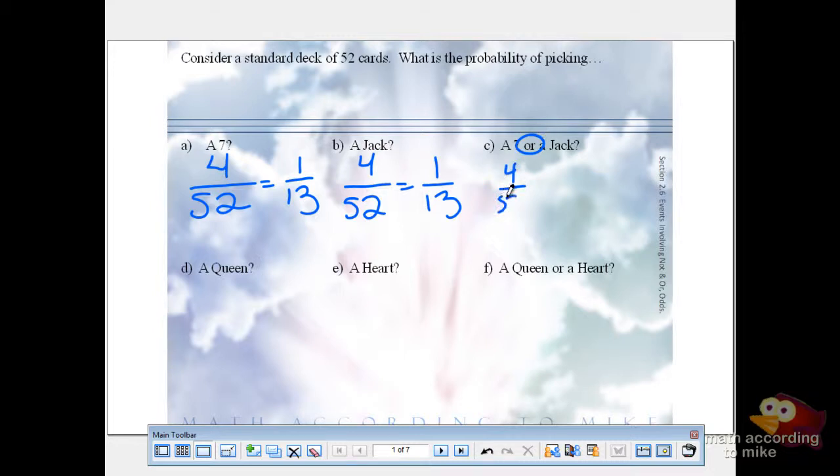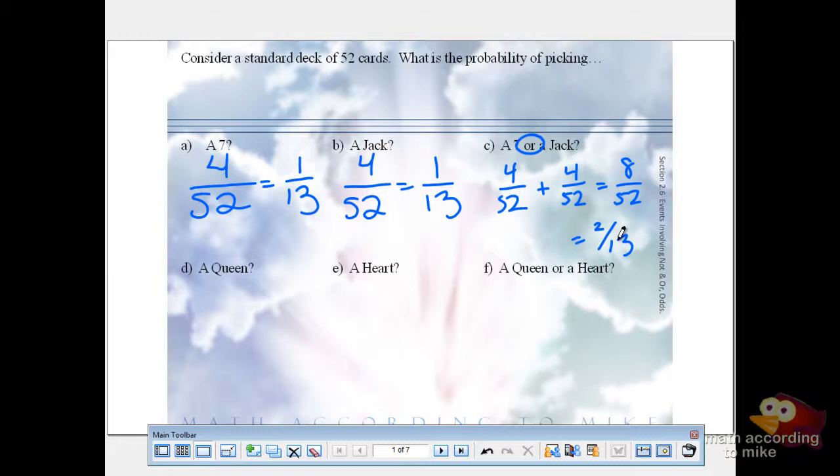So this is the probability of picking a 7, plus this is the probability of picking a jack. Add them together, and it reduces down to 2/13. So out of the 13 values, 2 of them are 7s or jacks. Good. So that's when or works nicely.